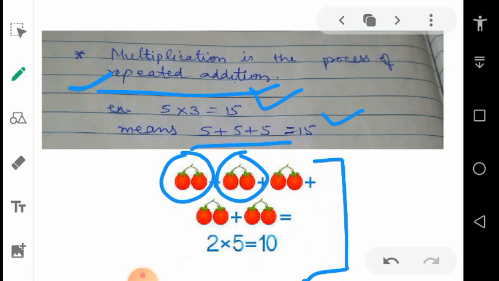In each pair there are 2 cherries, hence 2 5s are 10, because we are multiplying the cherries in each pair with the number of pairs. Hence 2 5s are 10. Now we can say that multiplication is nothing else but simply a repeated addition.